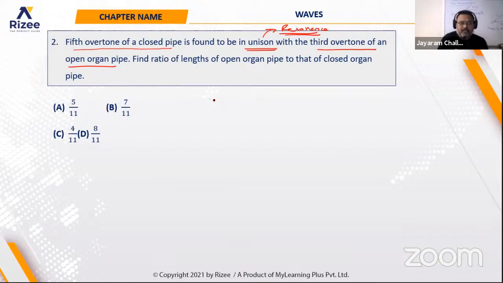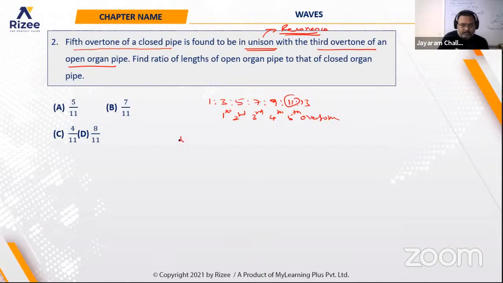For a closed pipe, the ratio of frequencies is 1 is to 3 is to 5 is to 7 is to 9 is to 11 is to 13. 3 is your first overtone, 5 will be the second overtone, 7 will be the third overtone, 9 will be the fourth overtone, and 11 is going to be your fifth overtone.